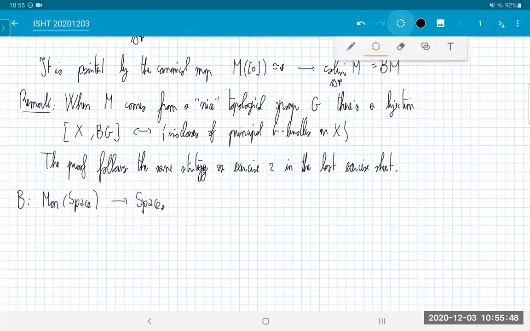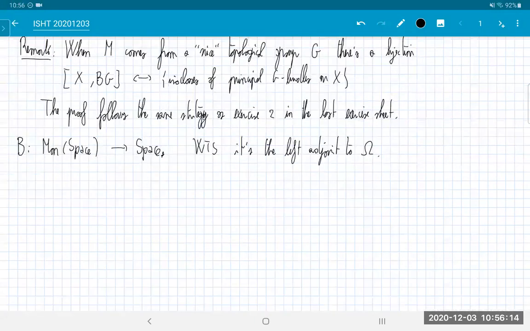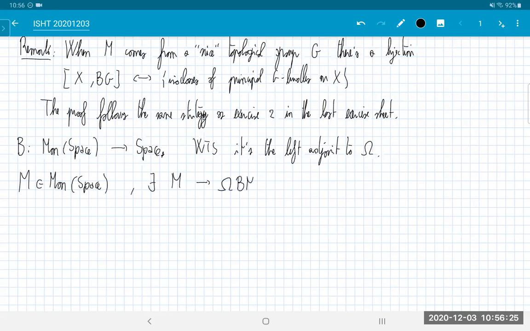In order to do that, I'm going to need to give you a unit and counit of this adjunction. So the first thing is that if M is a monoid in spaces, I have a natural map from M to loops of B of M.